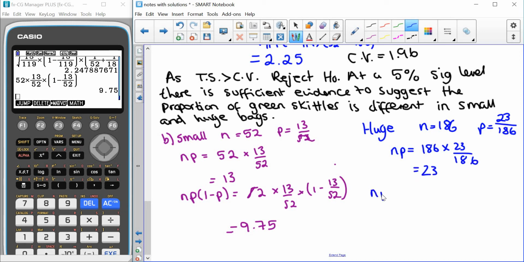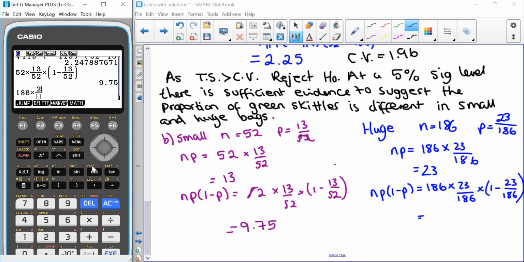And our np(1 minus p) would give us 186 times 23 over 186 times 1 minus 23 over 186.